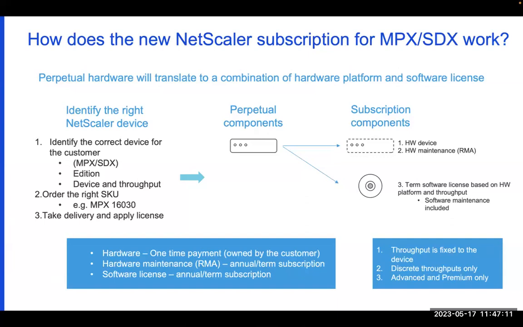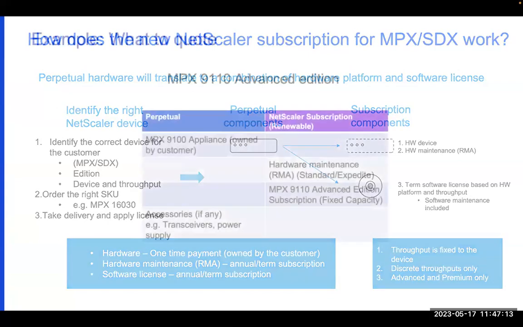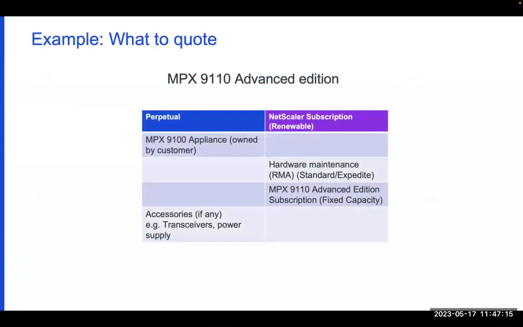So let's take a look at a quick example and you can understand. So let's say you are positioning NetScaler NPX 9110 Advanced Edition. In your BOM construct, you have at least 3 or 4 items. The first item is the NPX 9100 appliance, which is perpetual and will be owned by the customer.